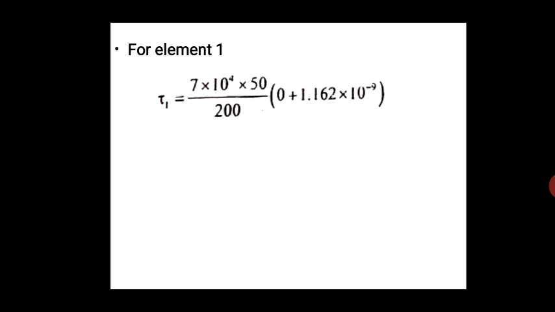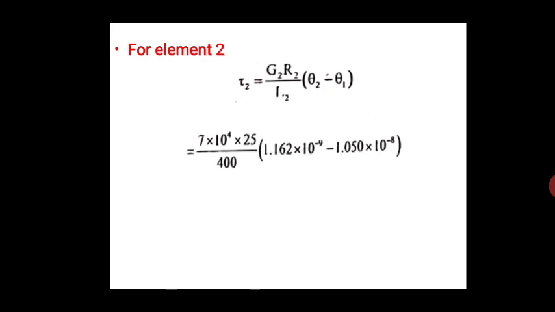And for this we have the angular displacement: theta 1 is 0 because it has been fixed, and we have calculated theta 2, that is 1.162 into 10 raised minus 9. Solving this equation, we have the shear stress in element 1 equal to 2.03 into 10 raised minus 5 Newton per mm square, that is 20.3 Newton per meter square. This is the stress developed in element 1.